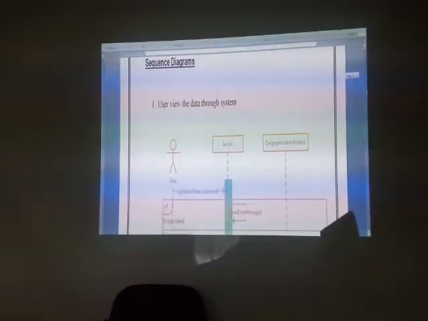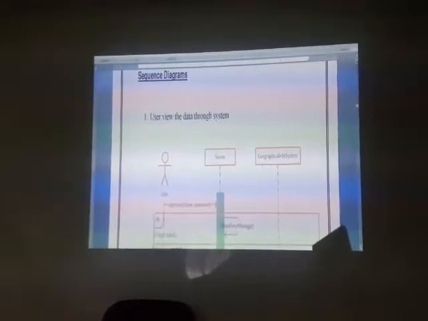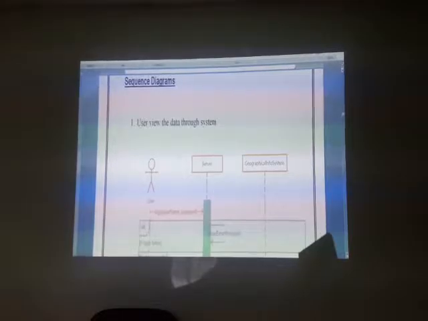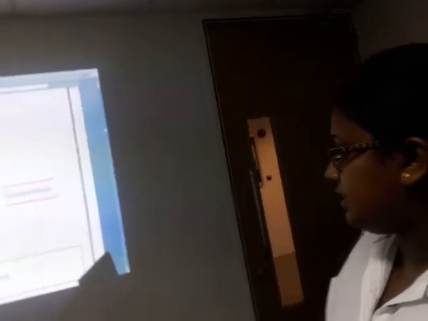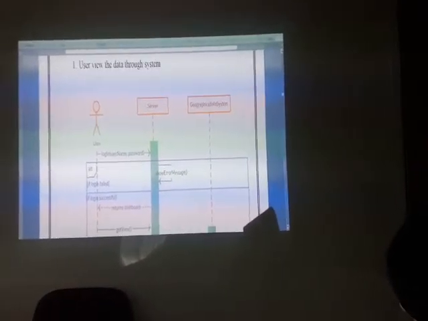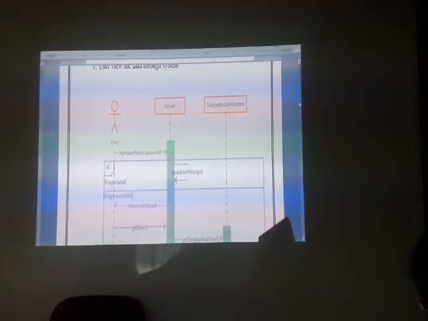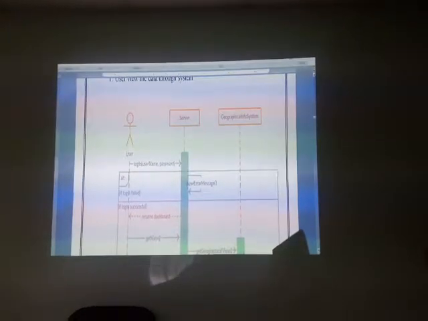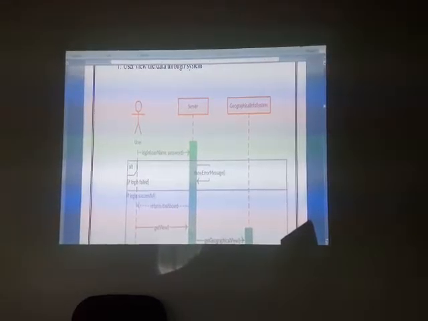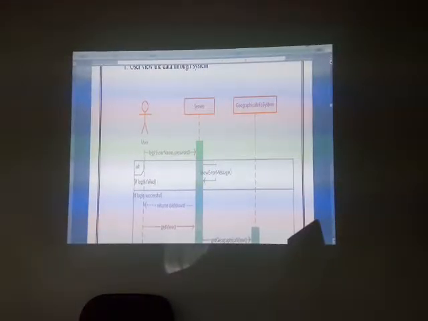Sequence diagrams. In this sequence diagram, we show the user viewing the data through the system. When the user logs in and enters username and password, the input goes to the server, which checks whether the inputs are correct.